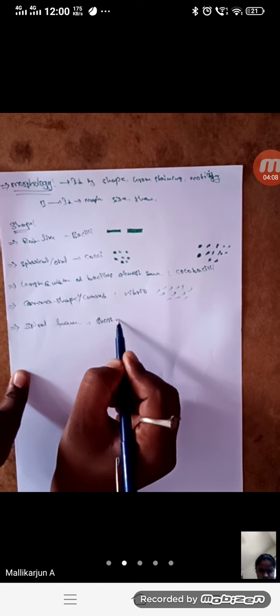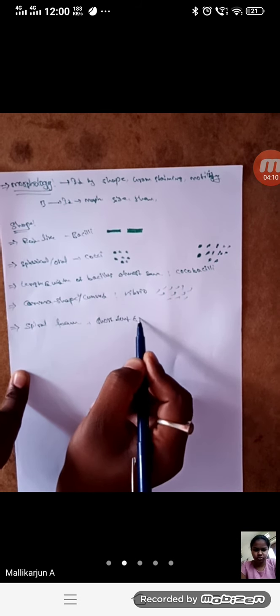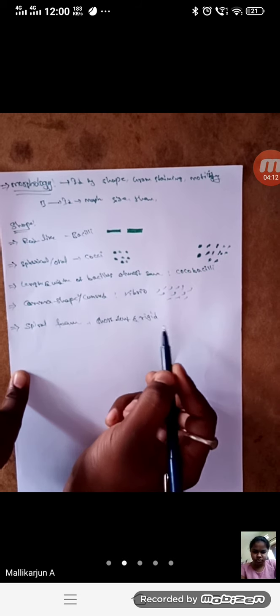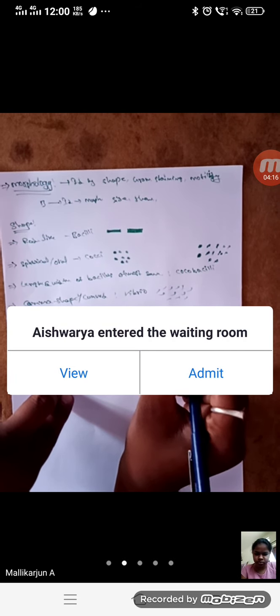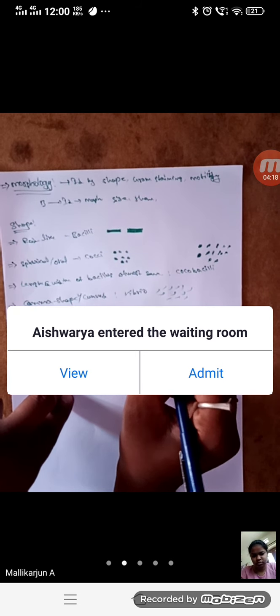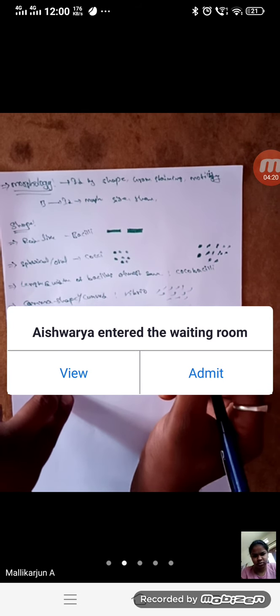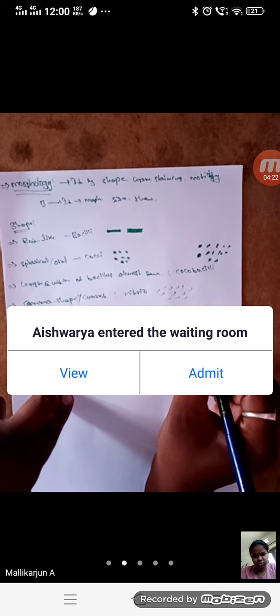Spiral form bacteria have a short length and are rigid in structure. The example is spirilla. What is the structure? Only short length bacteria. This is the structure of the spirilla.